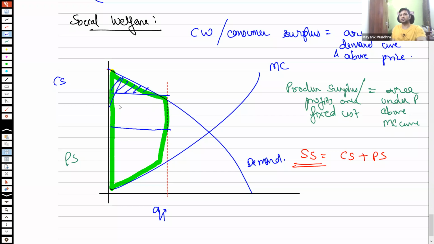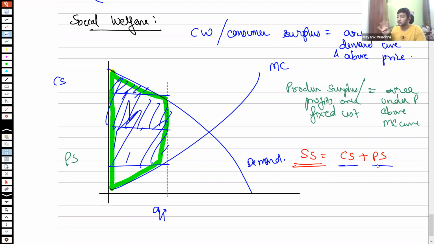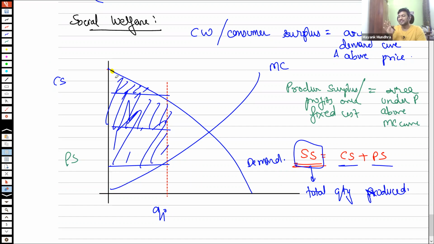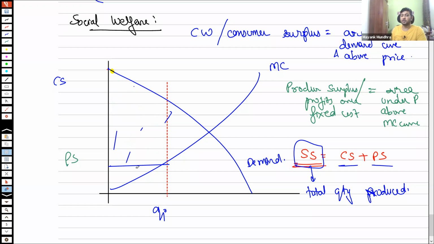If this is the price, it will be this much. So consumer surplus and producer surplus individually depend on the price level, but social surplus only depends on the total quantity. How the social surplus gets distributed between consumers and producers depends on prices, but the total value only depends on the quantity produced.